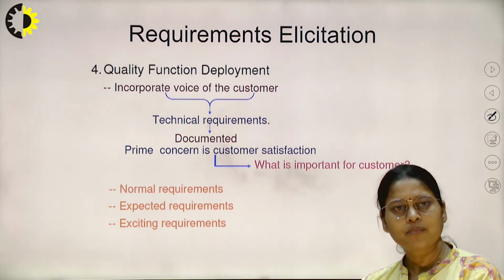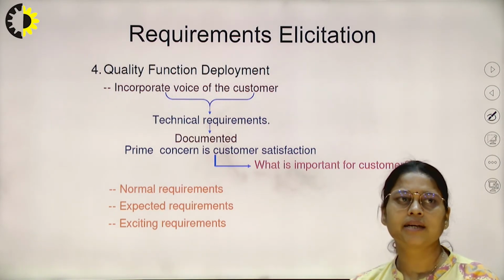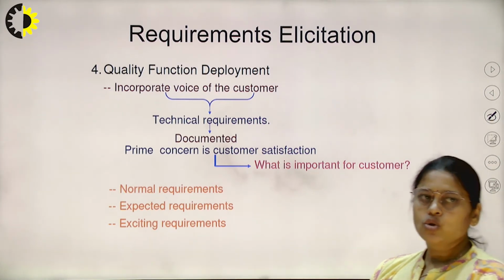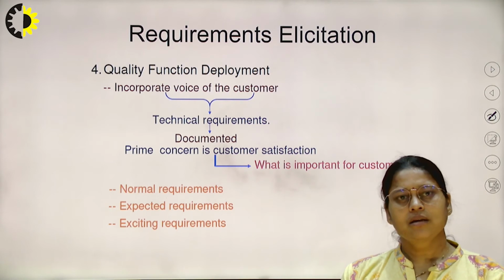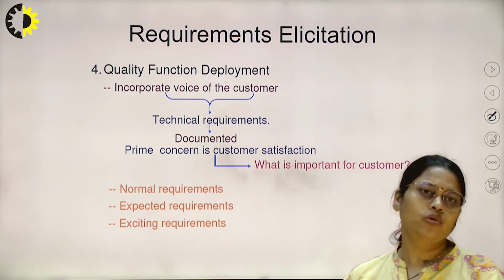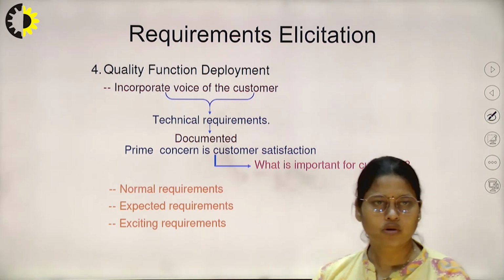Now the next method of requirement elicitation is the quality function deployment method. So this method is basically about collecting more and more information about the project at each and every level.